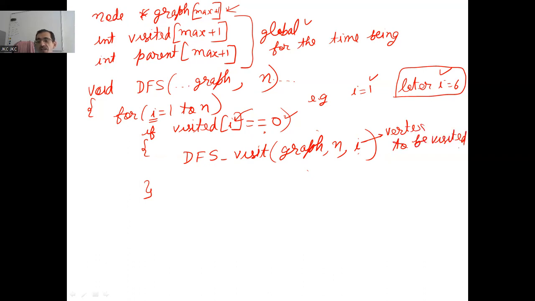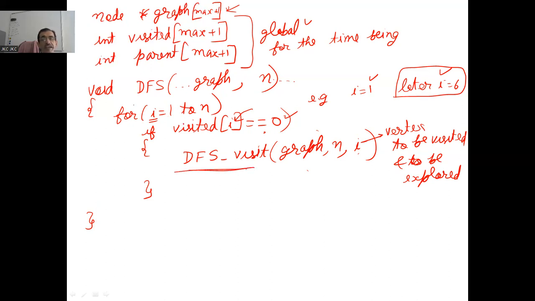In this case, as you can see, I didn't require any parent or visited status till now, so I assume everything of that will be done in the DFS function.